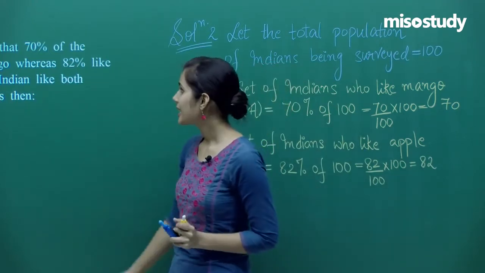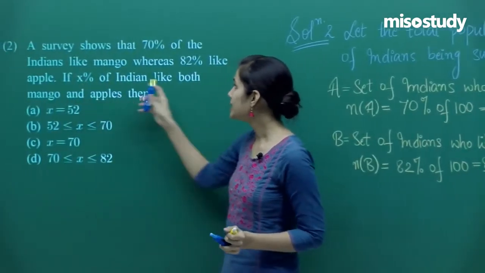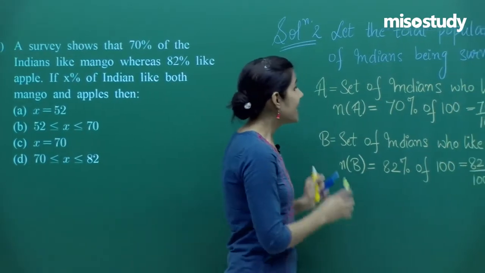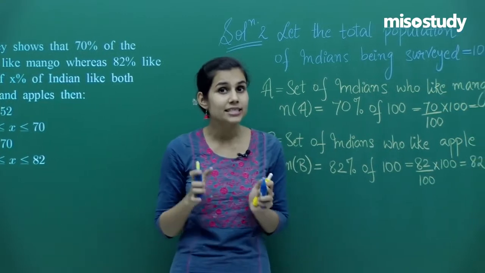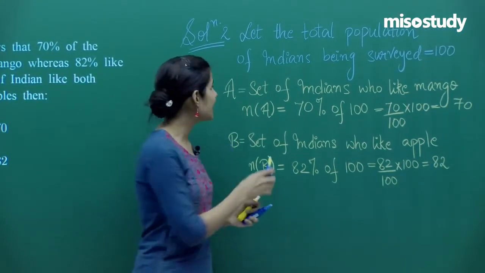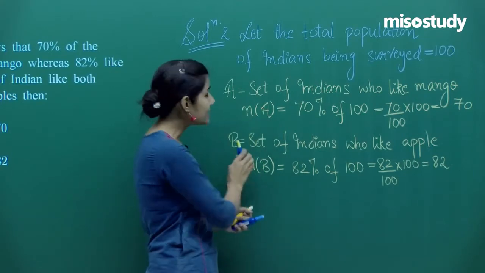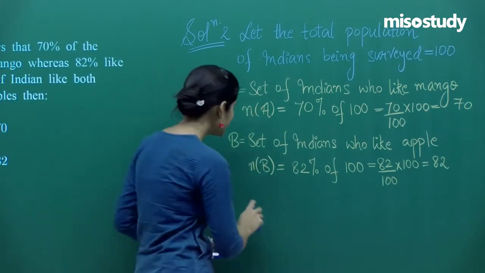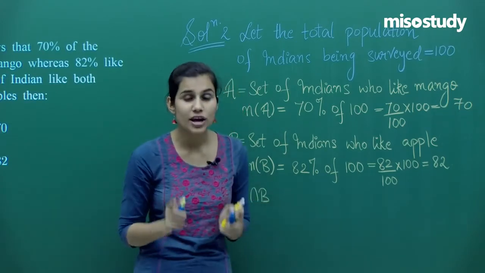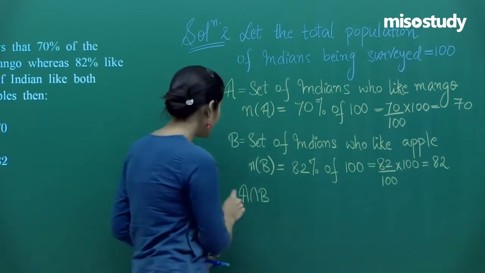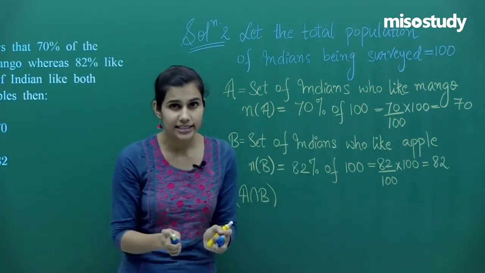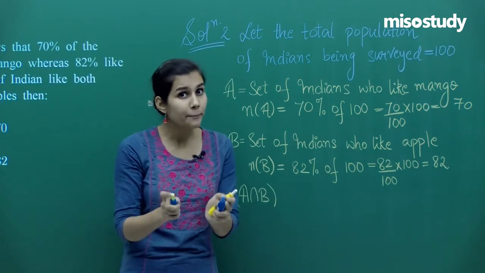After that, they say that X% of the Indians like both mango and apple. That means X% is the number of Indians out of the total Indians who are sitting inside both set A and set B. That means A intersection B is what is referred in the question, and number of members in A intersection B are those Indians who like both mango and apple.